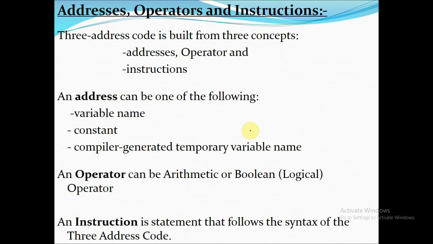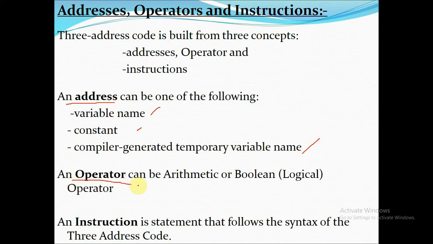Next, addresses, operators and instructions. 3 address code statements are built from 3 concepts: addresses, operators and instructions. An address usually represents an operand that can be a variable name, constant or temporary variable name.